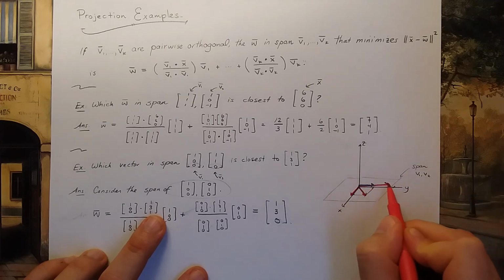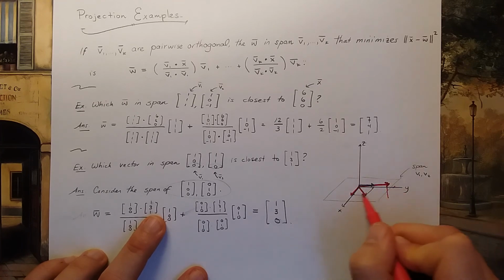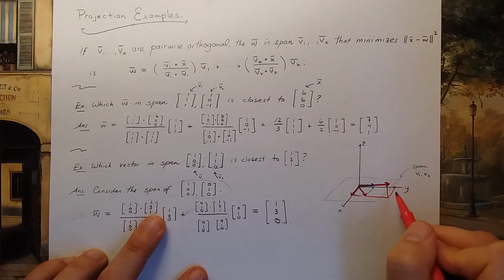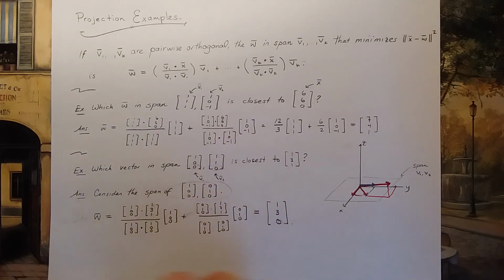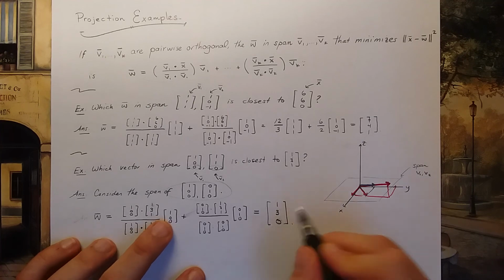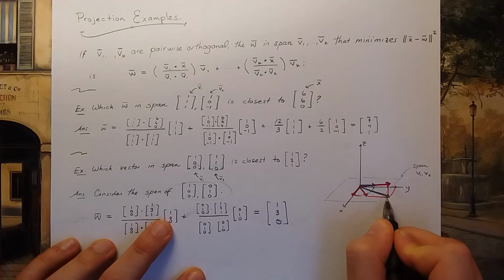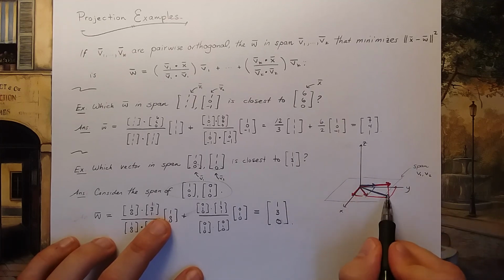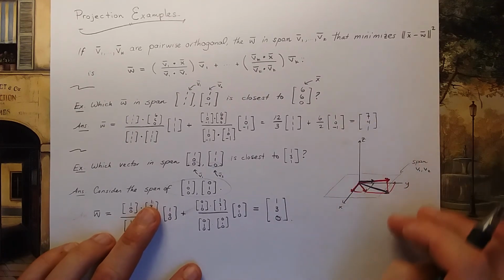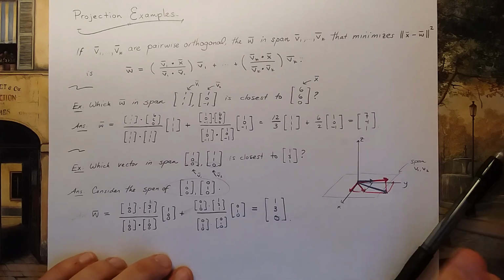So this red vector is the vector depicted in the problem, 1, 3, 1. And the answer that I got, 1, 3, 0, is the shadow of that vector in the xy plane. That shadow is also known as the projection. Okay, excellent.